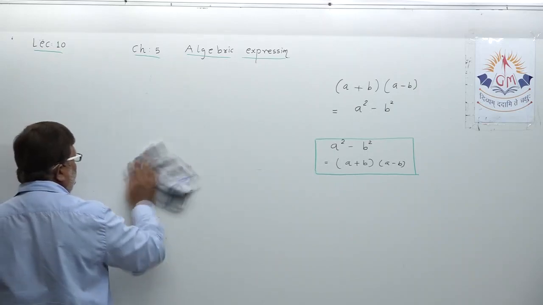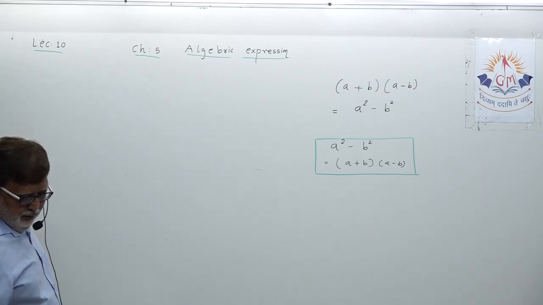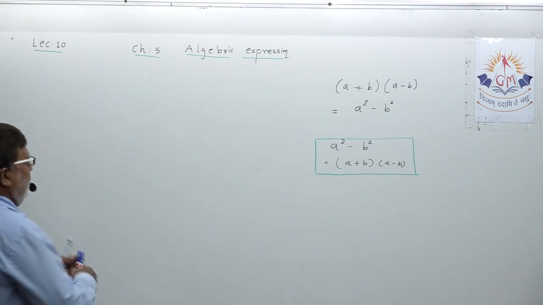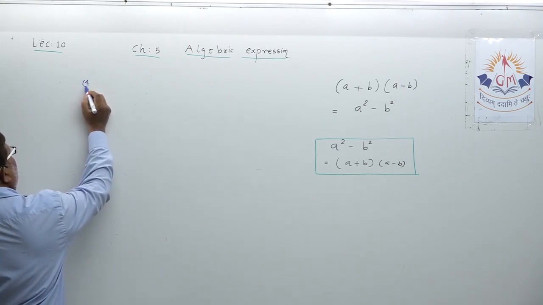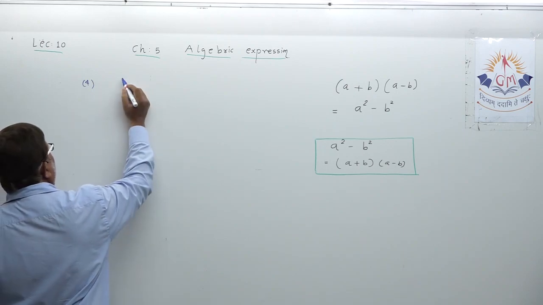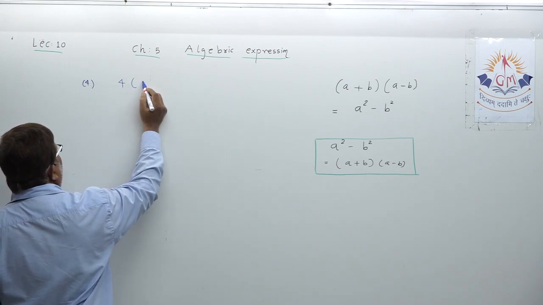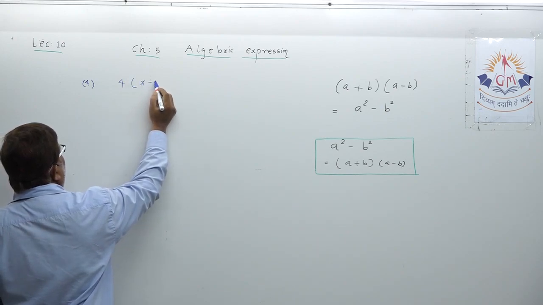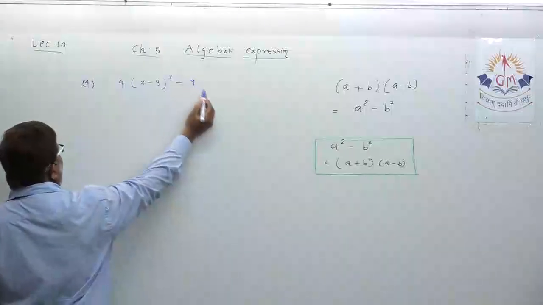Suppose you are given an example this way, dear student. Example number 4. Suppose I give like this, 4 into bracket x minus y whole square minus 9.